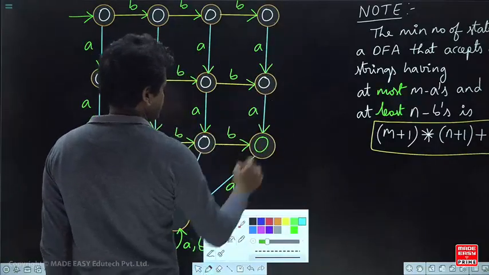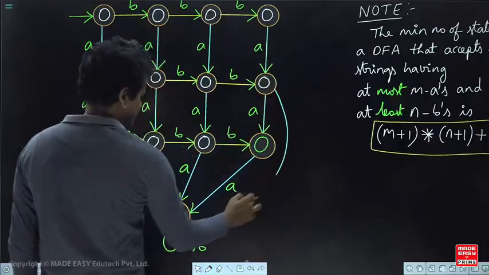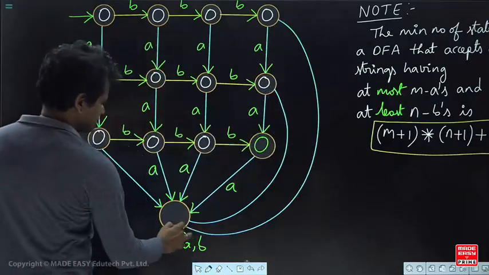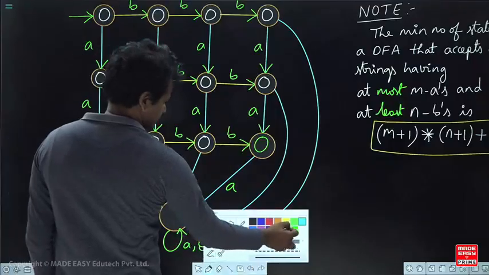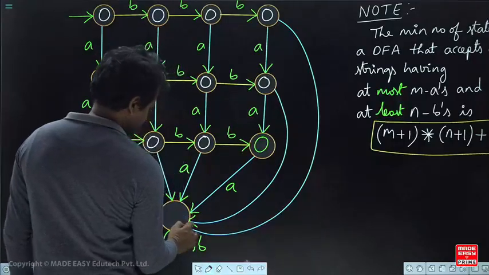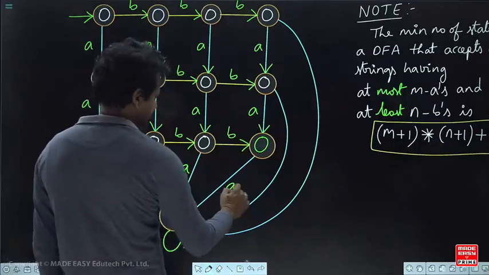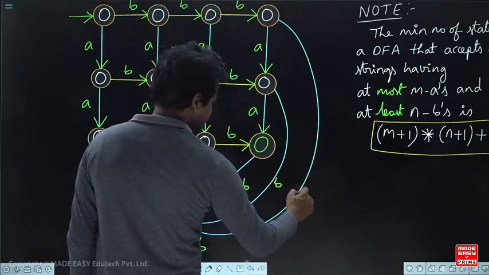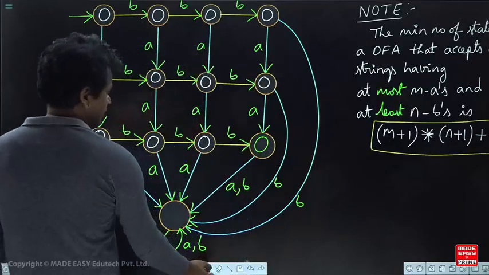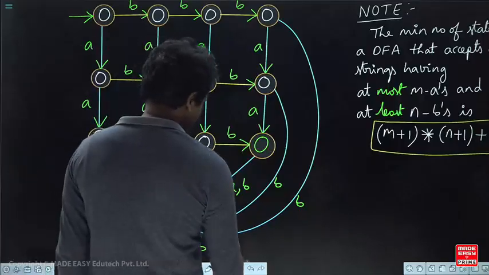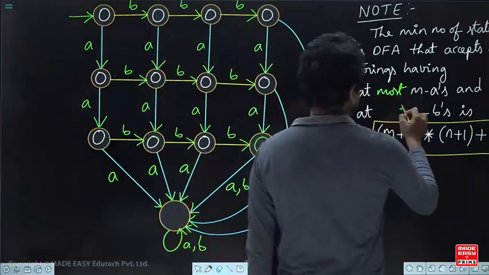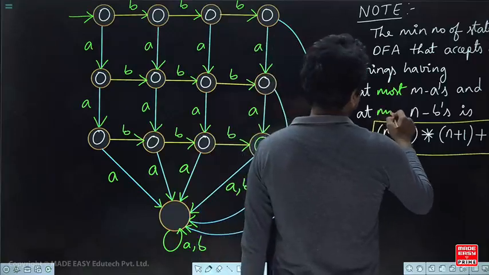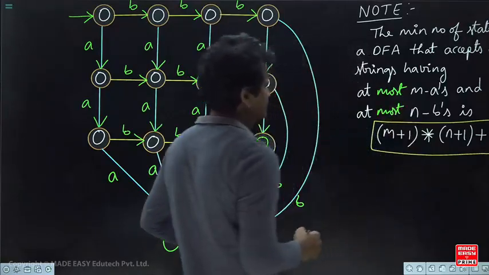So here if B's are more than 3, we'll go to trap state. So if any one is at most or both are at most, the answer is (M plus 1) into (N plus 1) plus 1.